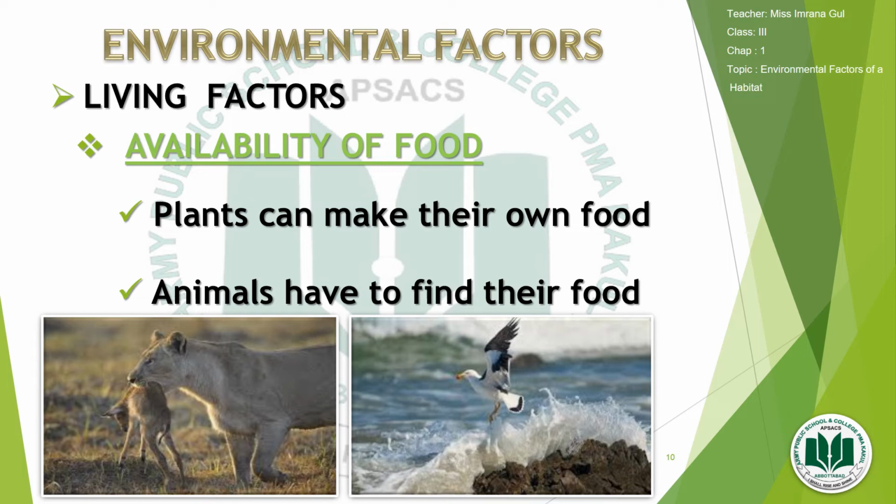First one is availability of food. Plants can make their own food, but animals have to find their food. Sometimes animals have to compete with one another for their survival and food. If an organism cannot get food from a habitat, it cannot live there.